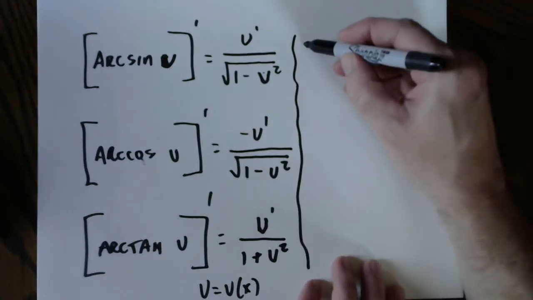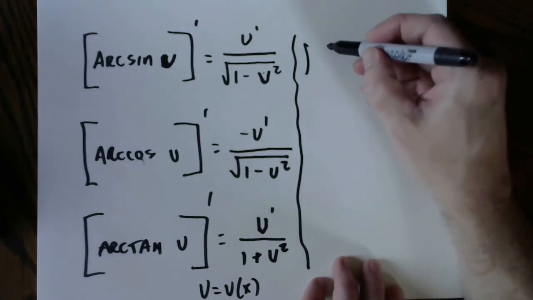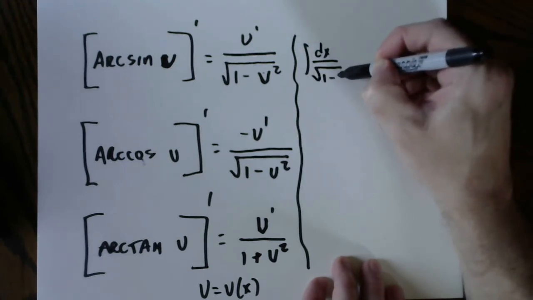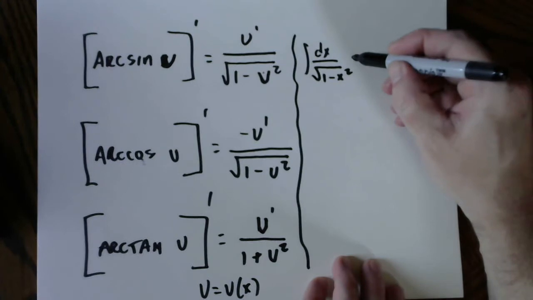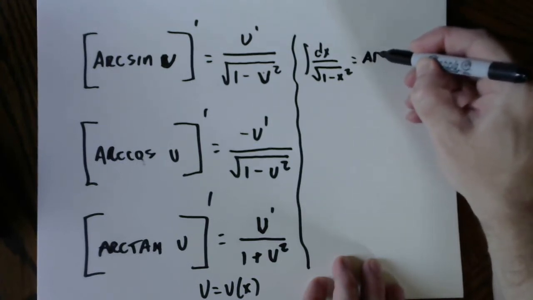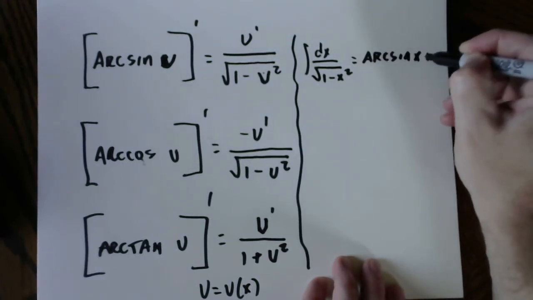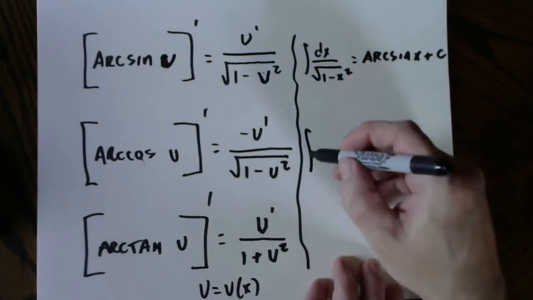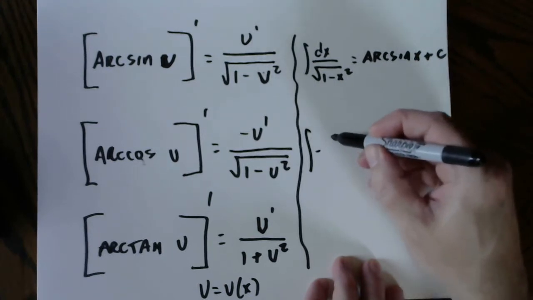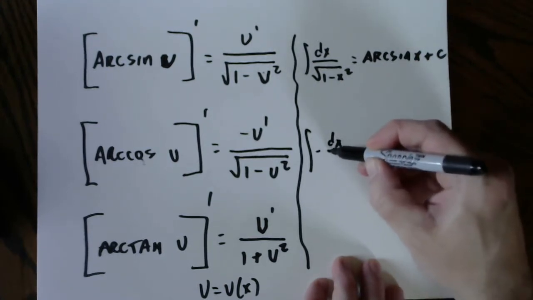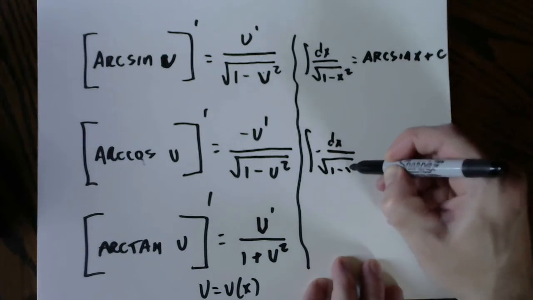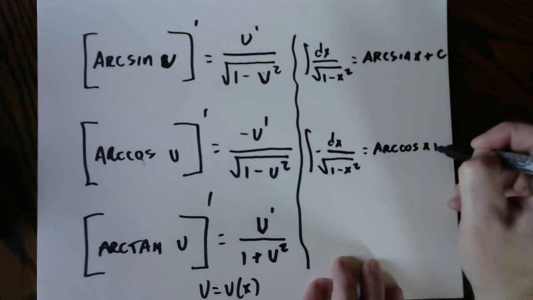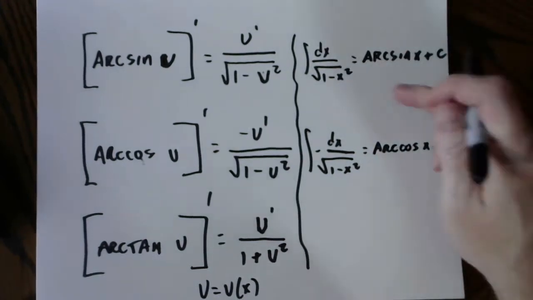We have antiderivative rules. Let's do it like this. So you notice these are the same, with the negatives of each other.